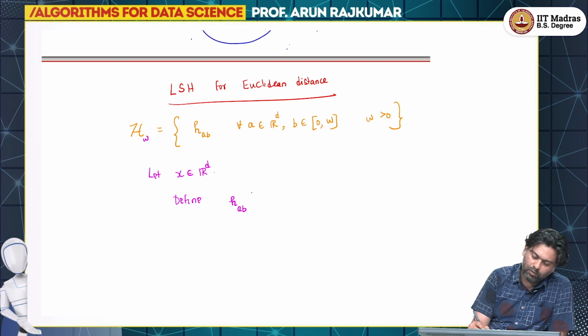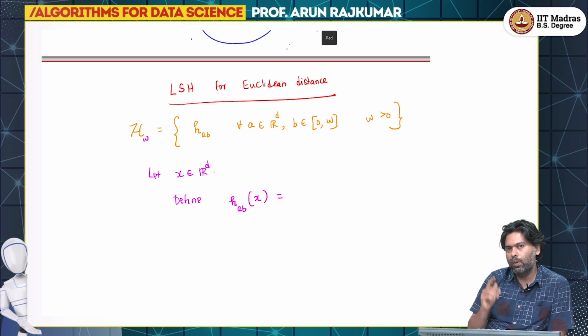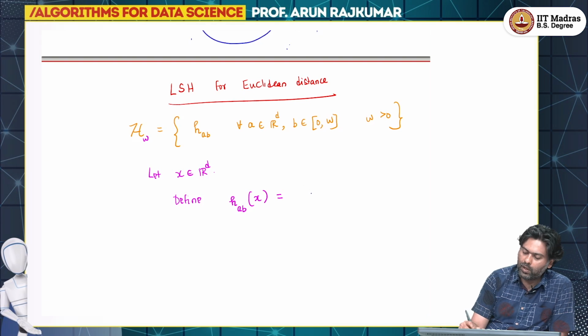So if I give as input x, how am I going to put this in a bucket? I am going to compute a transpose x plus b, then divide by w and take its floor.